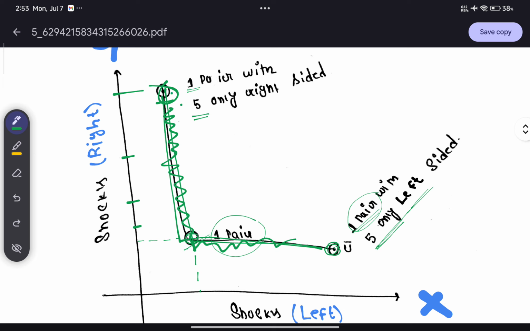That is why at these points we have the same utility. It means increasing the consumption of one good and keeping the other good constant does not make any change in the utility. You have to consume both the commodities simultaneously.